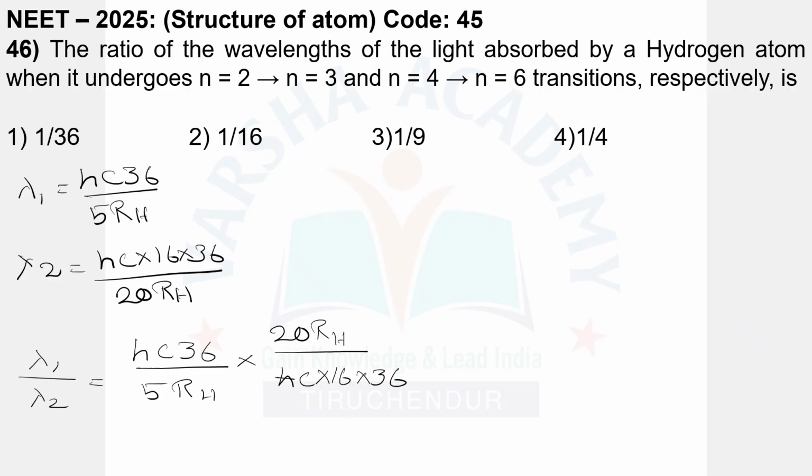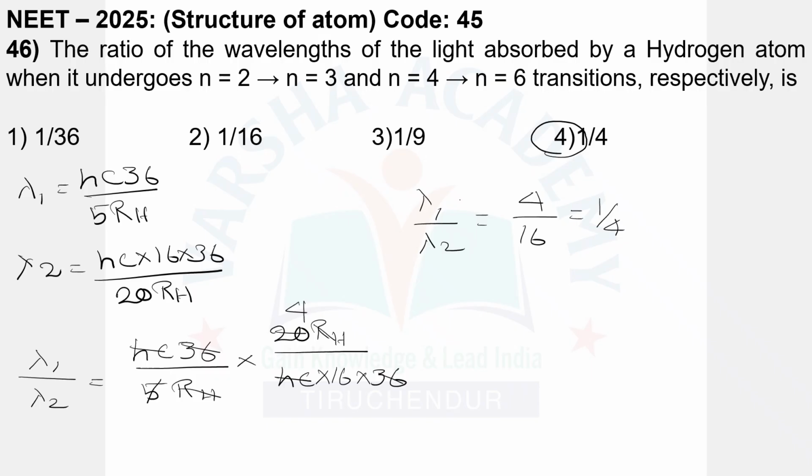The hc cancels and the 36 cancels, and RH cancels. 1 5 is 5 and 4 5s are 20. So lambda 1 divided by lambda 2 is equal to 4 divided by 16, which is 1 by 4. So the ratio between lambda 1 and lambda 2 is 1 by 4. The fourth option is correct.